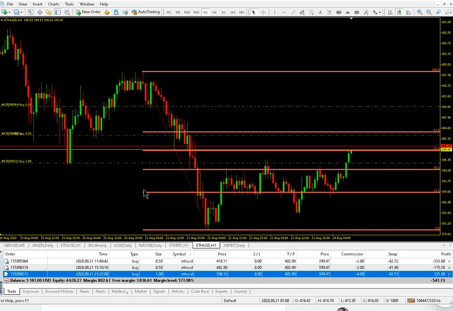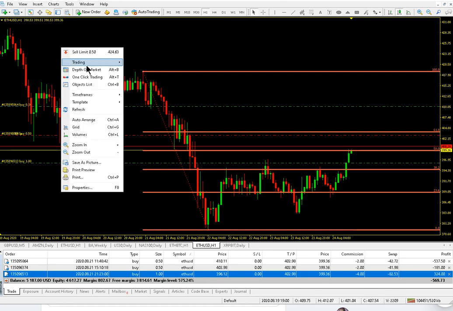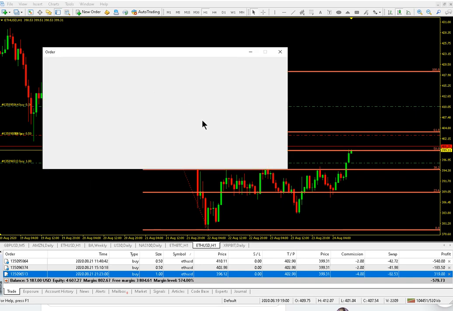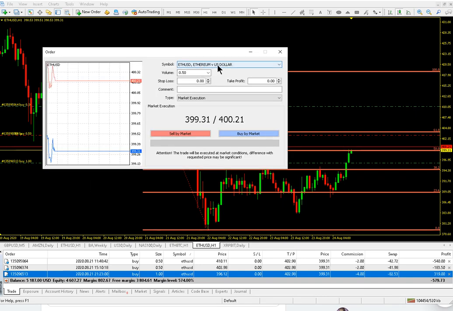Cryptocurrencies trade 24/7. This is the second largest cryptocurrency, Ethereum. If you were to trade this, the pair is called Ethereum versus the US dollar. The symbol is ETH/USD.